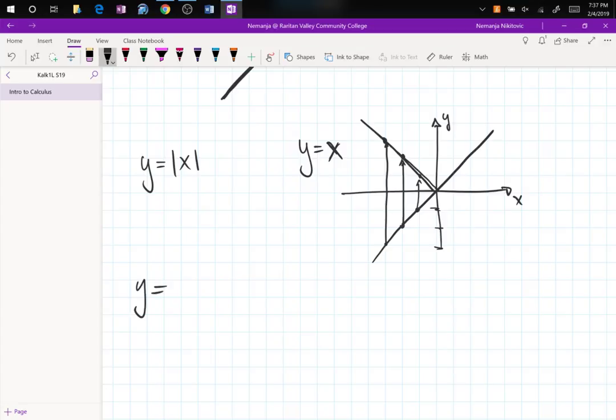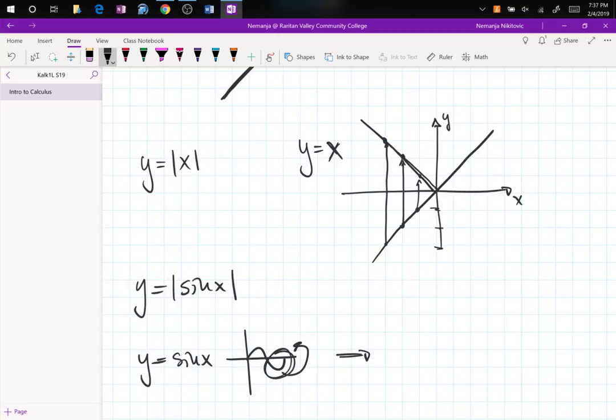Now, when you are faced with sine x, you will take a look at y equals sine x without absolute value, which is going to be the little wave, which would immediately mean that this bump needs to go up into the positive region.